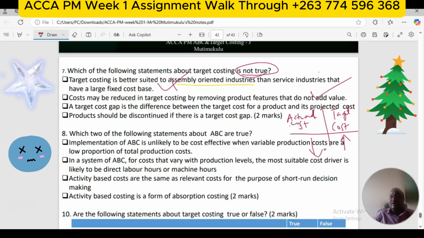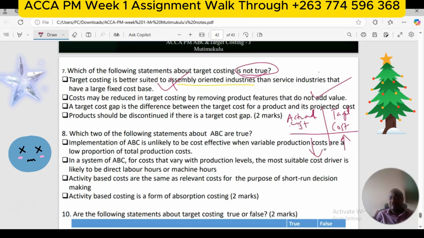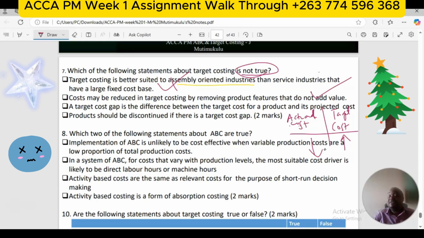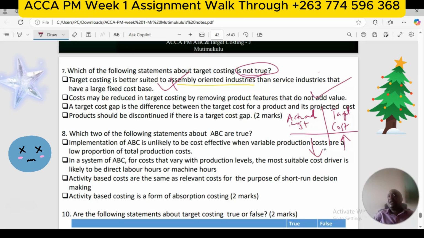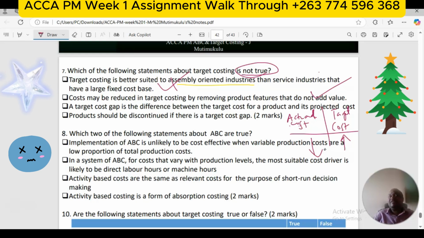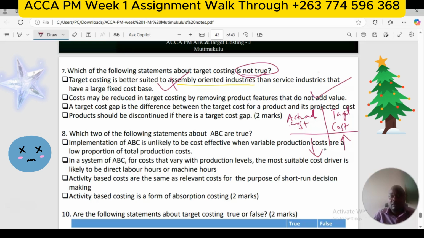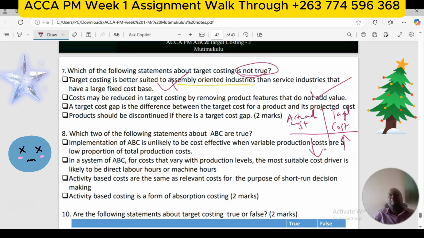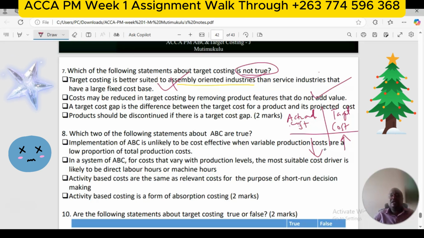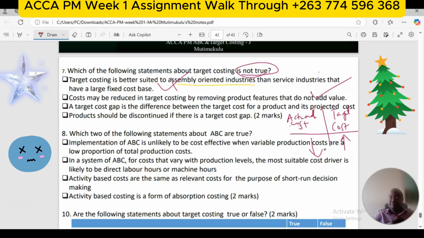Okay, so unnecessary modifications of the product or sprucing up of the product, which are not necessarily going to increase the selling price, they become just irrelevant costs. Actually, they won't help us. Right? So in that case, managers will then have to remove those features or those designs, whatever, to ensure that they reduce the cost gap.